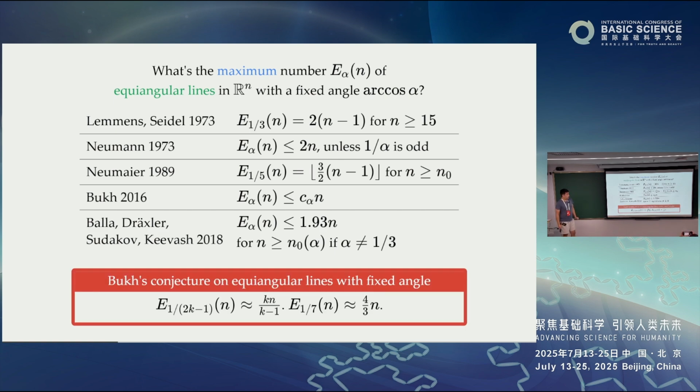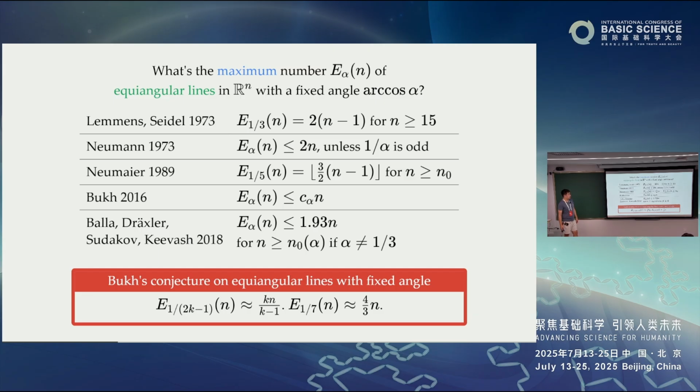Okay, so as you would guess, for general alpha, let's say alpha is 1 over an odd number, say 1 over 2k minus 1, you may guess, according to the pattern, it's roughly k times n over k minus 1.